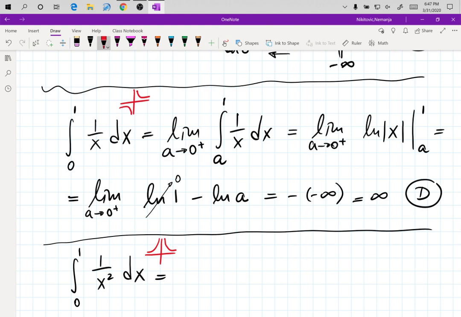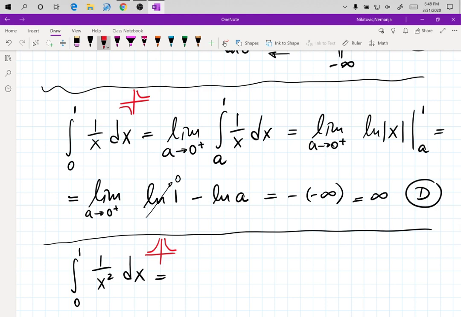So that square made the function drop to the x-axis faster than 1 over x, and because of that, it converged, which is very interesting. So any exponent bigger than 1, so 2, 3, 4, and so on, they all converge.